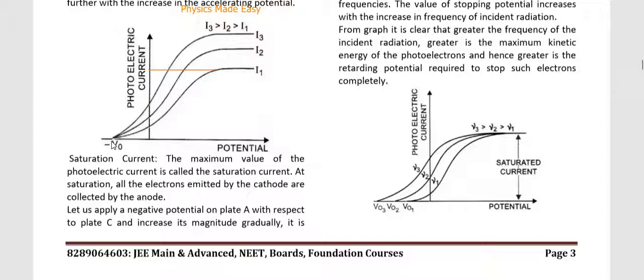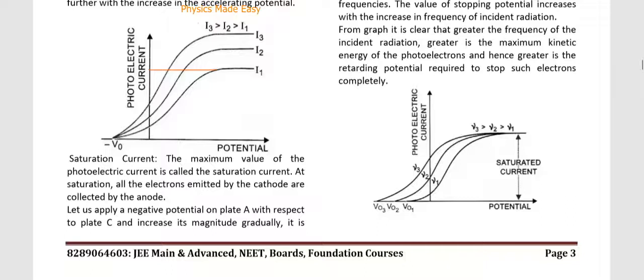Stopping potential is that negative voltage at which even the electron having maximum kinetic energy fails to reach the anode. So it means this negative potential or stopping potential is the potential that measures the maximum kinetic energy of electron. So this is the significance of this.